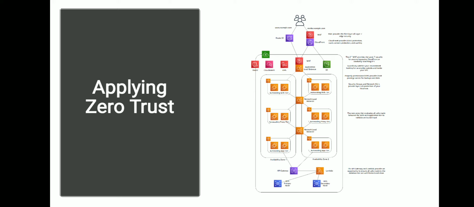Never trust is applicable within the organization as well. Even if two applications are talking to each other, it is considered that they don't have to trust each other. There has to be a mechanism or a policy implemented in order to make sure that the trust is established between these two. Now, how do you do that?